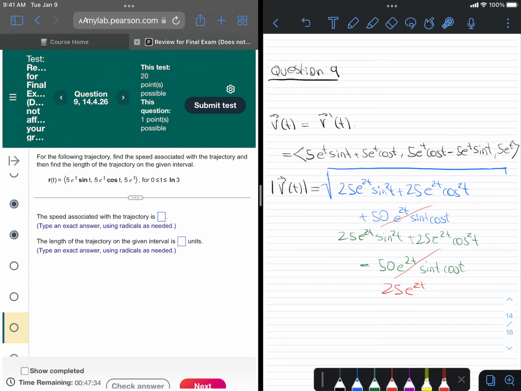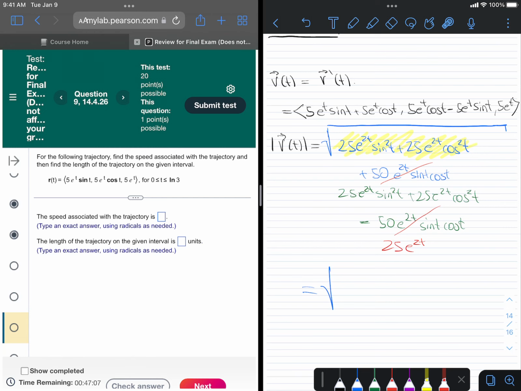The good part now is that this, when grouped up with this, if I factor out the 25 e to the 2t, I'll get 25 e to the 2t times sine squared plus cosine squared, which equals 1. Just notice all of this is inside the square root, okay?